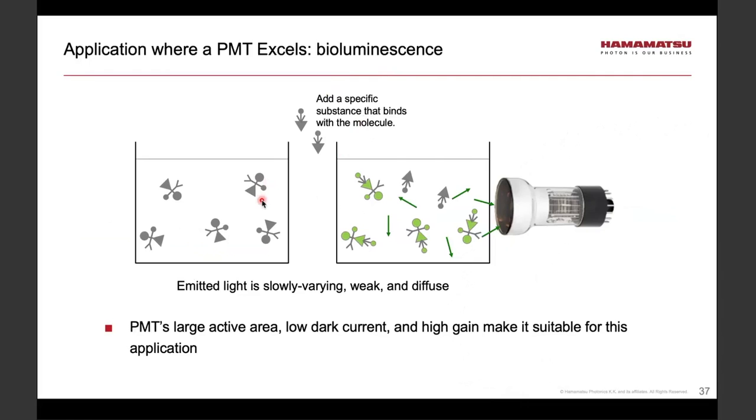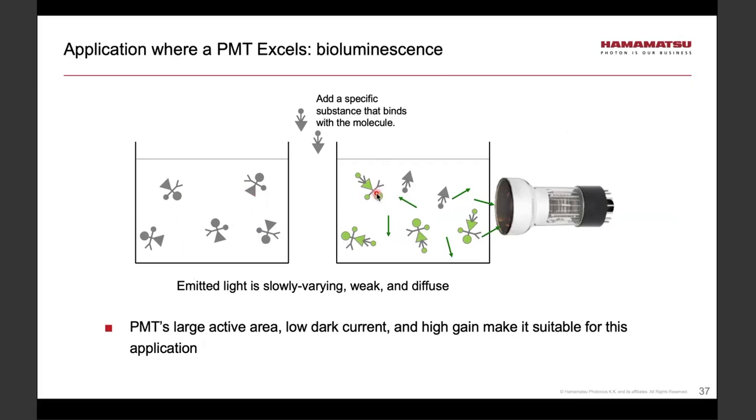Here, the purpose is to determine the presence of some compound in a solution. So the way we do it, we have a solution, say with that compound, and we are going to add an additional compound which binds to the molecules that we are looking for, and as a result is going to stimulate luminescence.